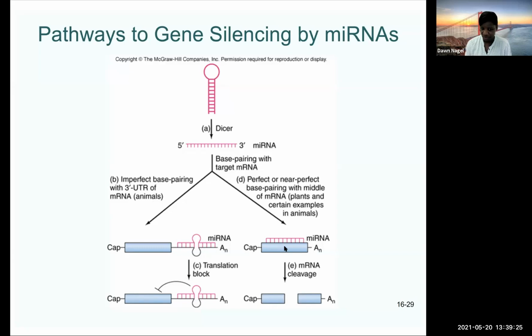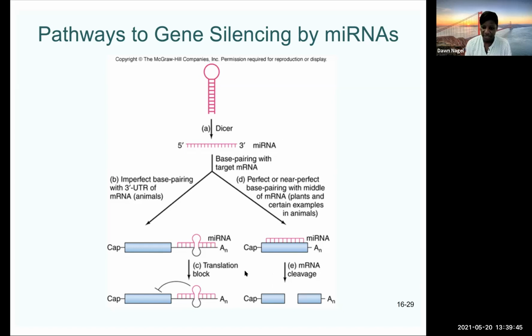And when it does that, it will form that cleavage that you see and cleave the RNA. So either of these two outcomes can happen. Particularly in animals, both of these processes are possible. In plants, this is the only process that's possible, where the mRNA gets cleaved and destroyed.